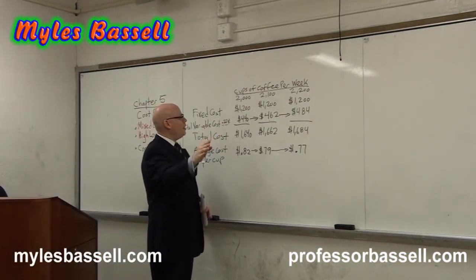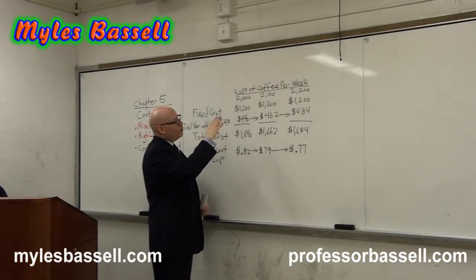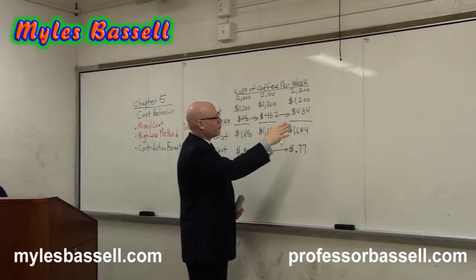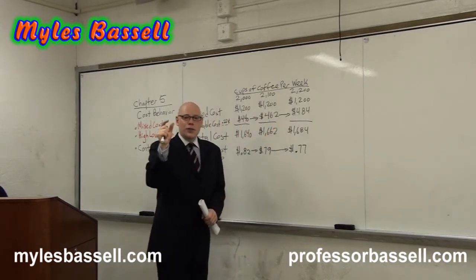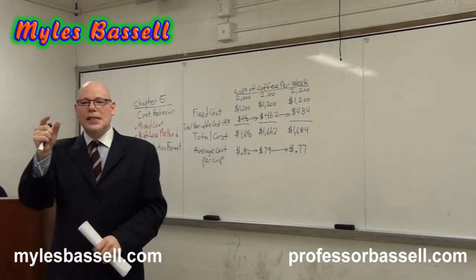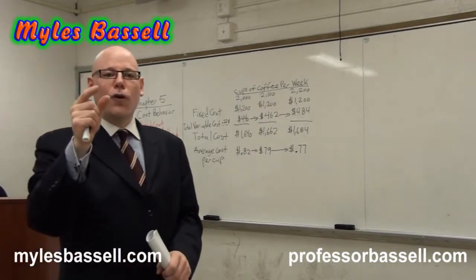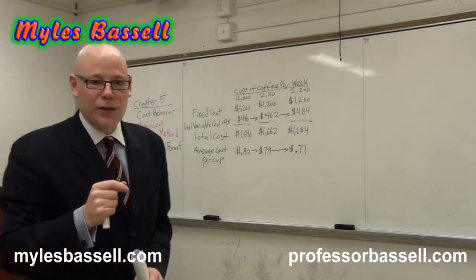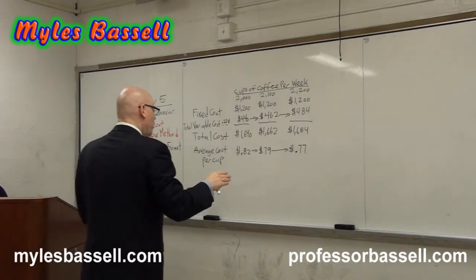So what we found out here, Abigail, is that as we sell more cups of coffee, the amount of fixed cost that each cup of coffee is going to absorb decreases. And that's what we're seeing here.